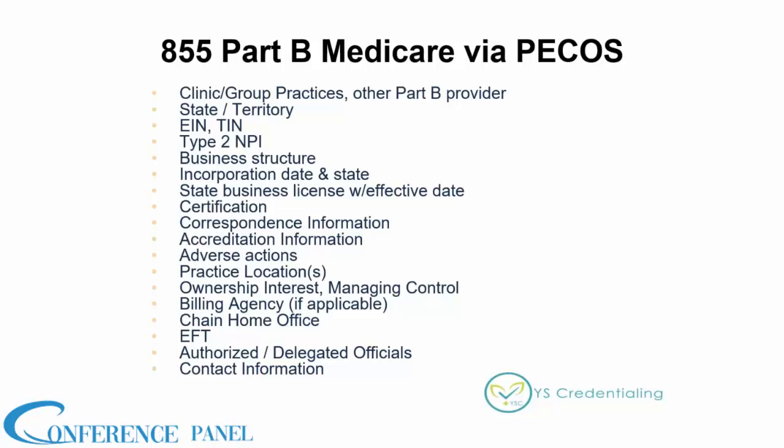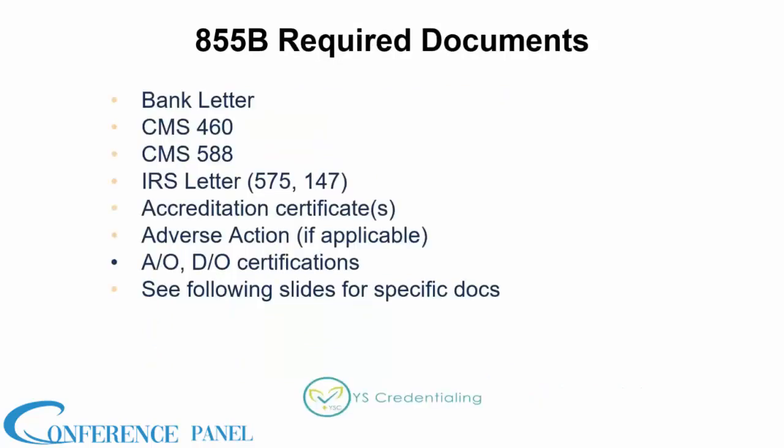Business name, right? That practice or clinic business name must match that IRS letter, must match that NPPES profile, must match the 855B application. The required documents: bank letter, the 460, the 588, the IRS letter, so either that 575 that they get or the one that they can call in and request, the 147.